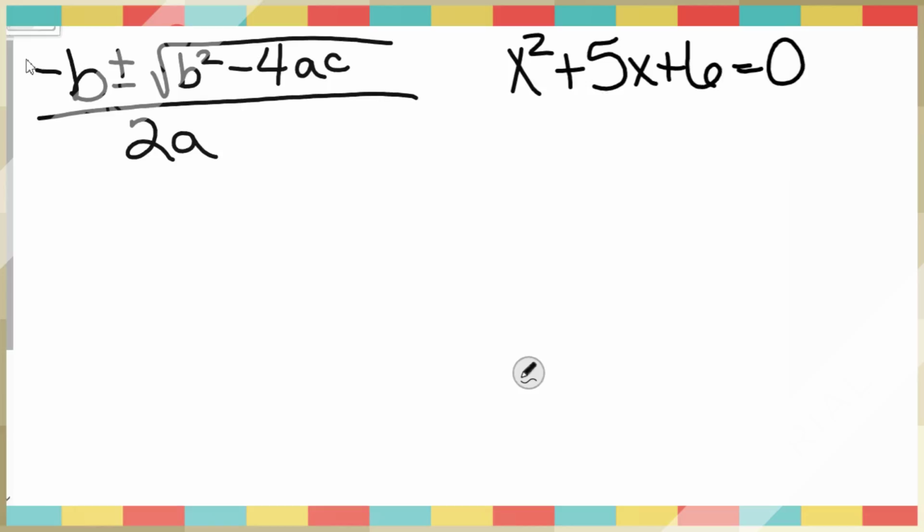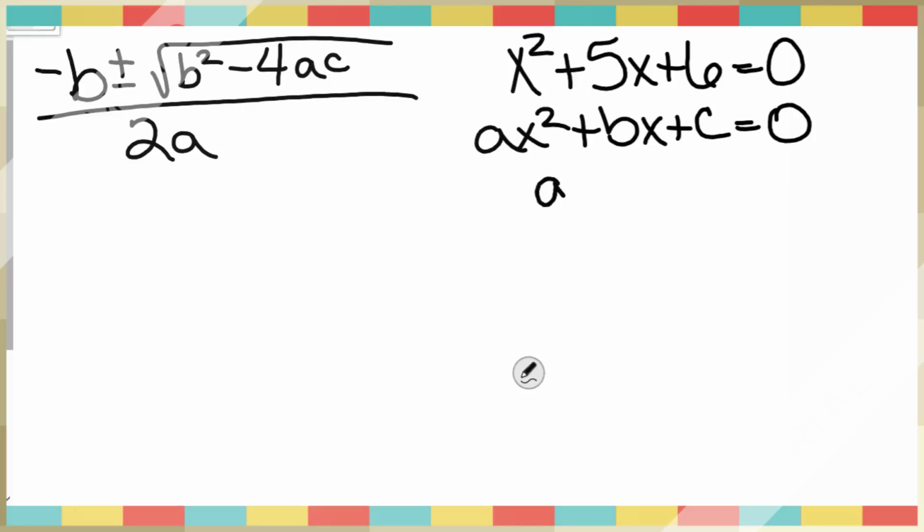So, first we need to identify what our a, b, and c are. With quadratic equations, your equations are always set up as ax squared plus bx plus c equals 0. So with that being said, our a is 1.